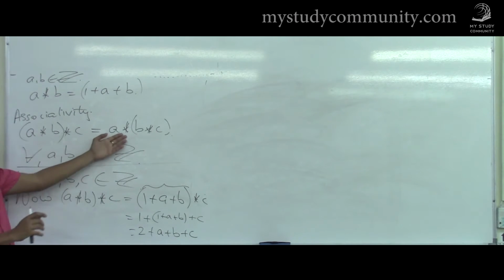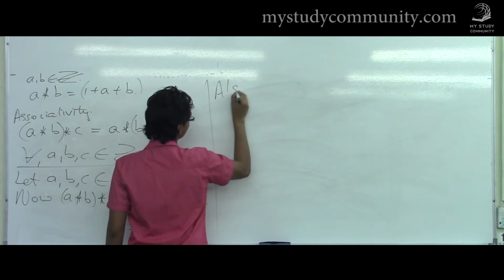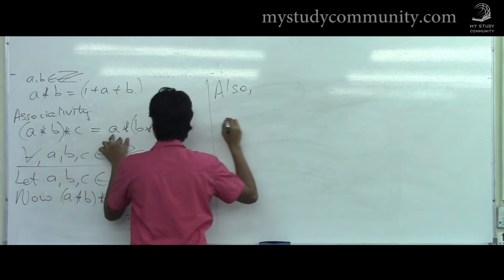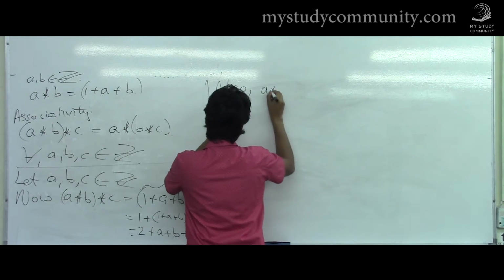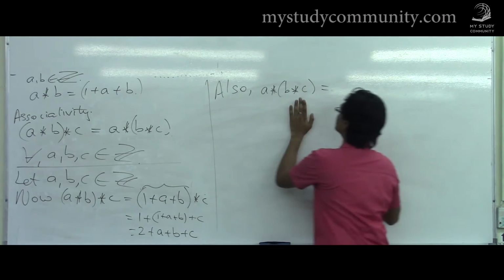And then we start with the second side. Also, we start with this side now. So A star, open brackets, B star C, equals this side first.